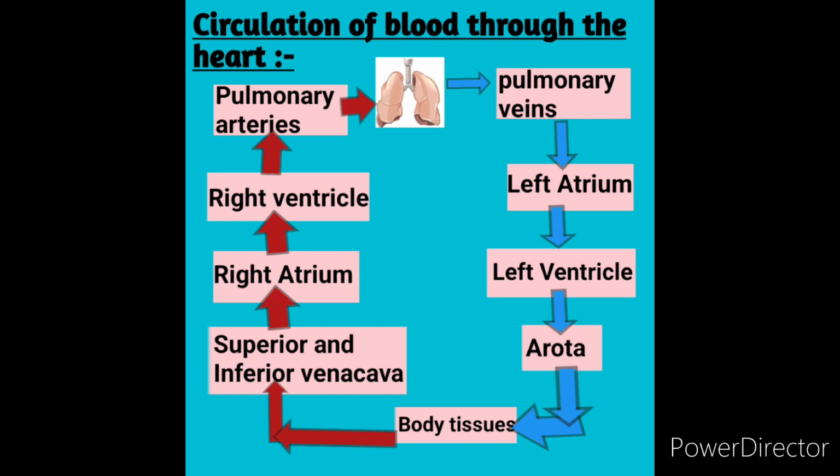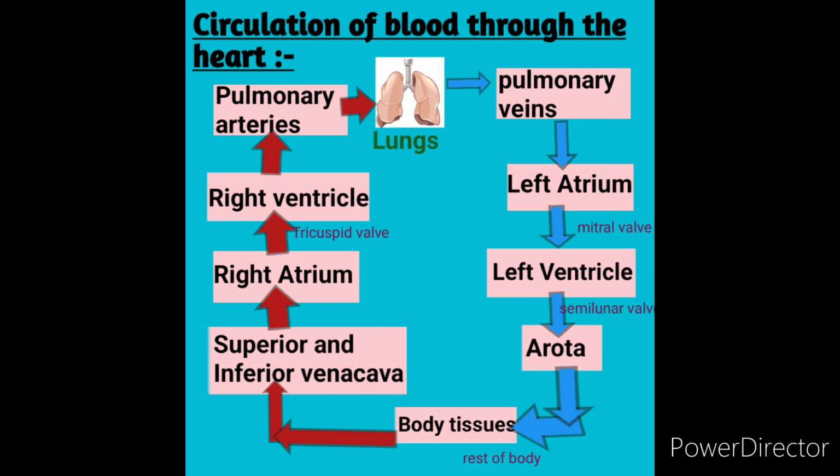Okay friends, here in this picture, the blood circulation of the heart runs through the pulmonary arteries. Here we can see the lungs. In the lungs, blood loses carbon dioxide, meaning deoxygenated blood gains oxygen in the pulmonary capillaries.